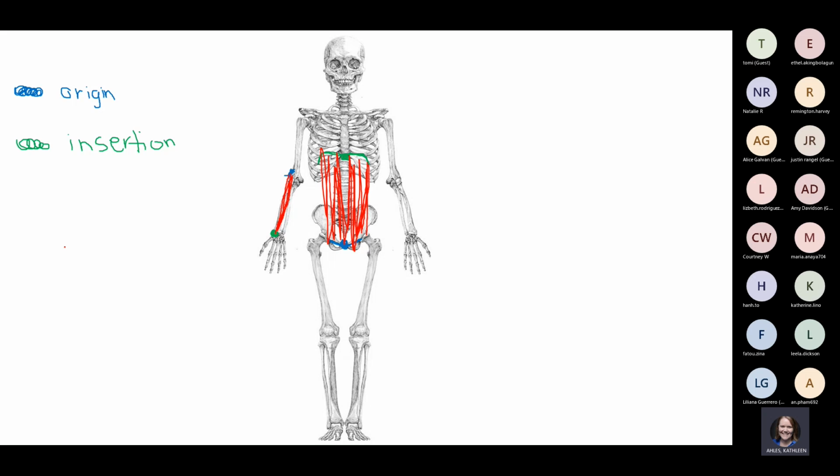The part with the green dot means that's the insertion. That's the moving part. We should also know that when the radius and the ulna move, they go toward the humerus. They're going toward the origin. So what moves is the radius and the ulna, and when it moves, it does flexion.